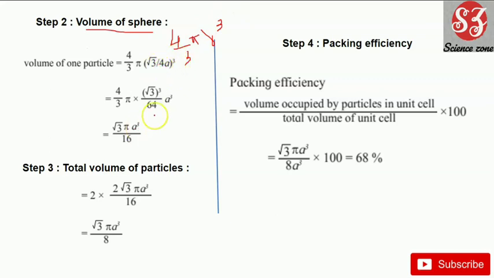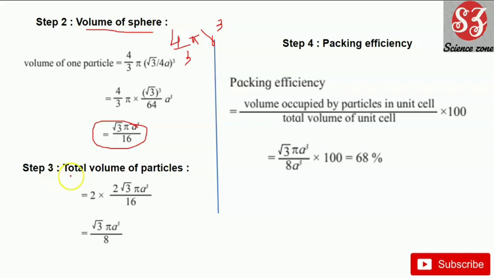So if you solve this, under root 3 cube divided by 4 cube, that is 64A cube, and then finally you will get this answer, that is under root 3 pi A cube divided by 16. So this is the final answer. So the volume of one particle in the body centered cubic lattice is under root 3 pi A cube by 16.